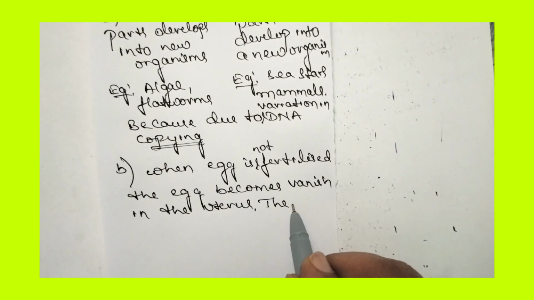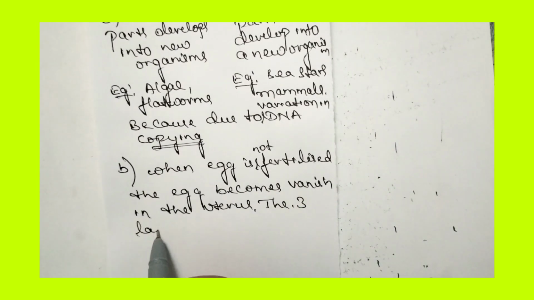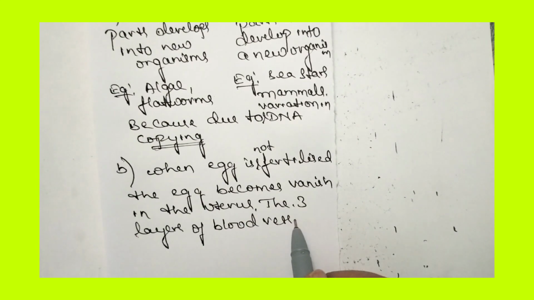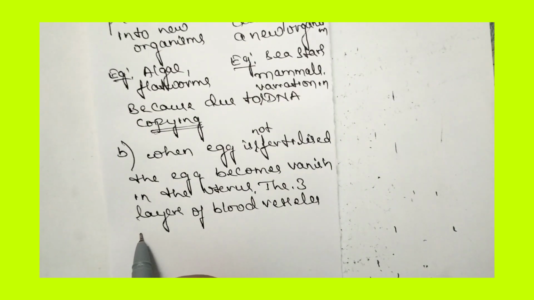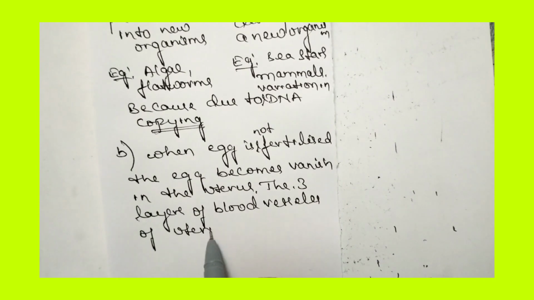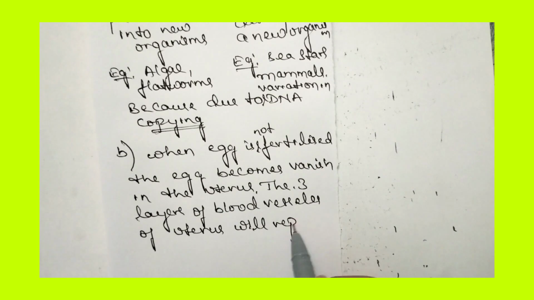The linings, the three layers of blood vessels of the uterus, will rupture.